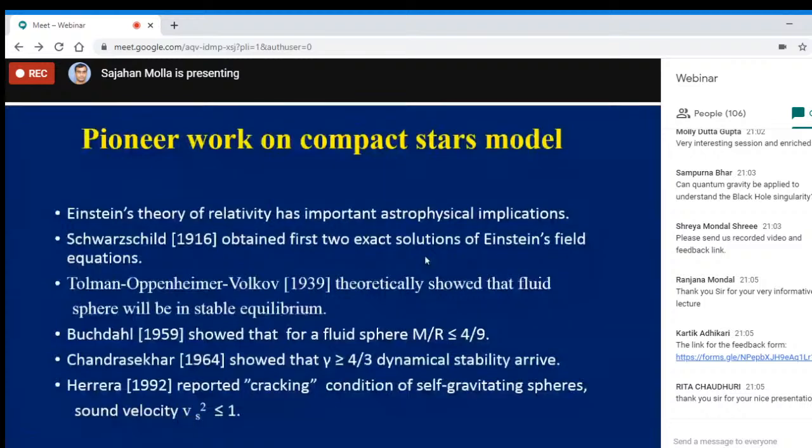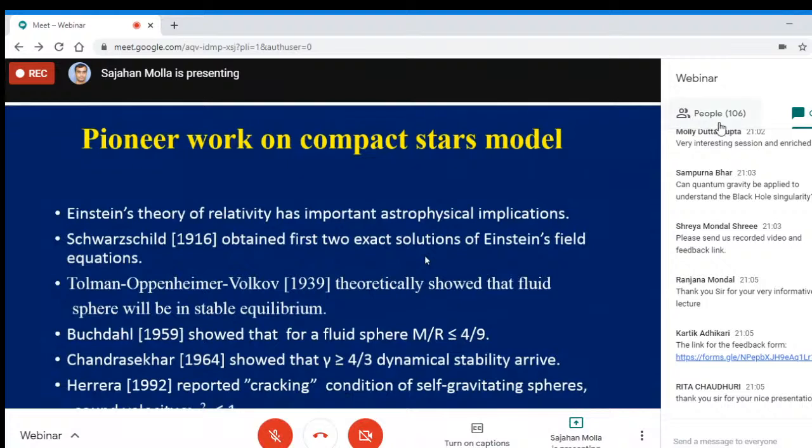And then in 1992, the cracking condition was given by Herrera. That means a fluid sphere should be stable when the sound speed inside it is less than or equal to 1.